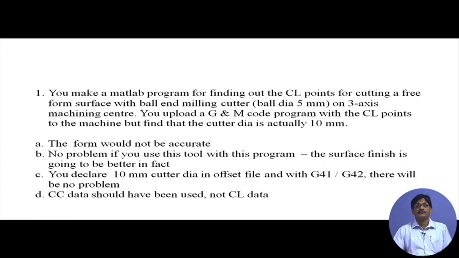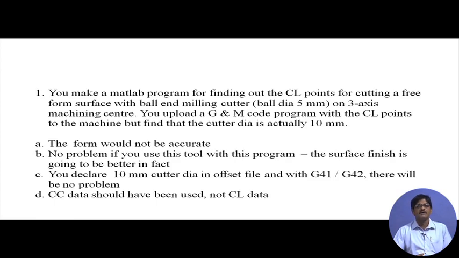That means, there is an actual cutter mounted on the spindle or available with you, which you have to use, and that is having a diameter 10 millimeters, while your program has been made with the consideration of a ball diameter of 5 millimeters.